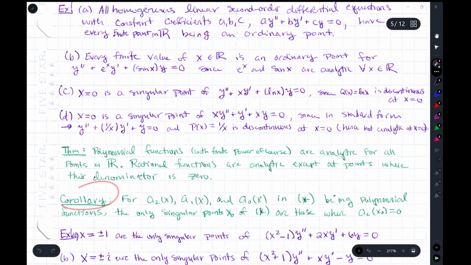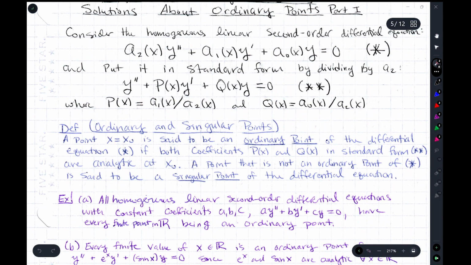A corollary to this theorem is that for A2, A1, and A0 in the asterisk there, all points will be ordinary, unless A2 equals 0 somewhere. Why? Because you divide by A2.